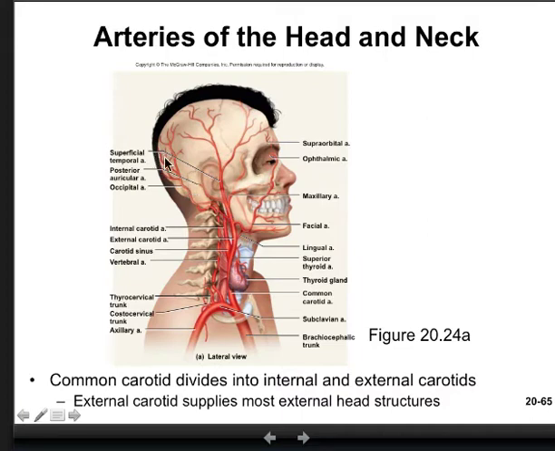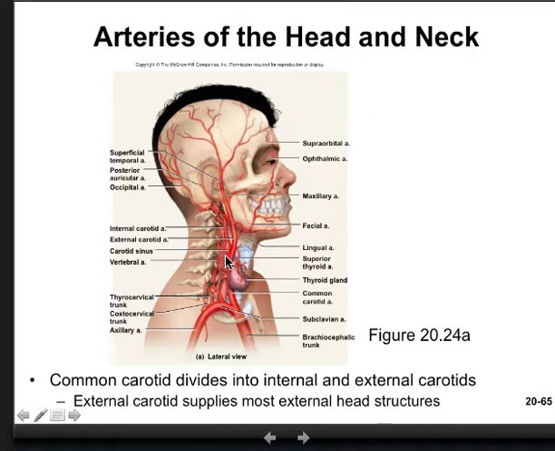Further branches include the superficial temporal artery and the posterior auricular artery and occipital artery, and again they're named for the areas of the brain that they supply. Temporal artery supplies the temporal lobe of the brain, occipital artery the occipital lobe, and the posterior auricular artery is basically a branch of the occipital and supplies more of the occipital lobe as well.